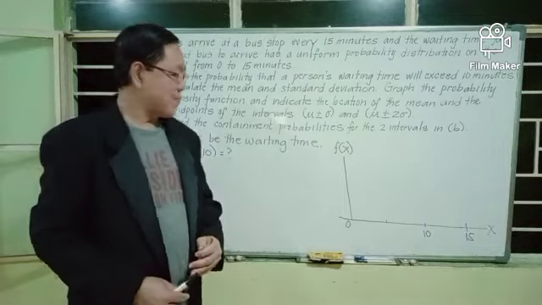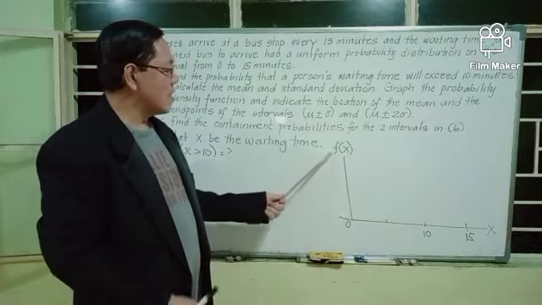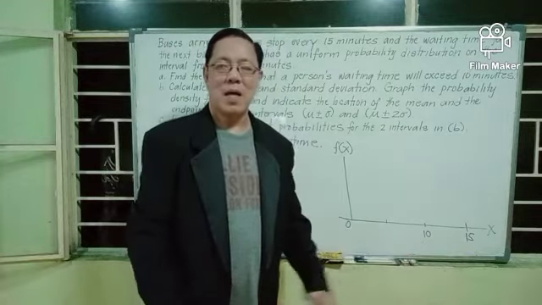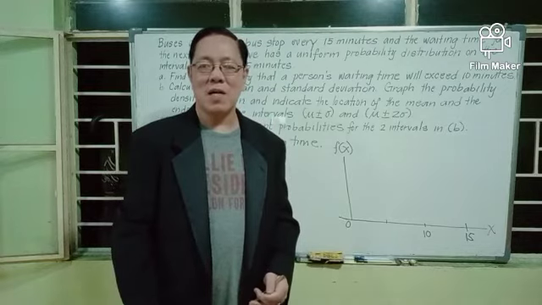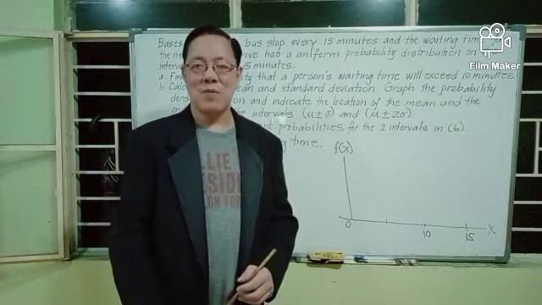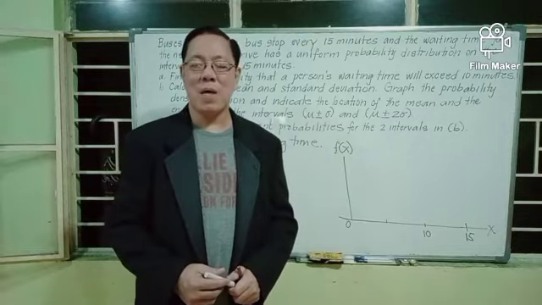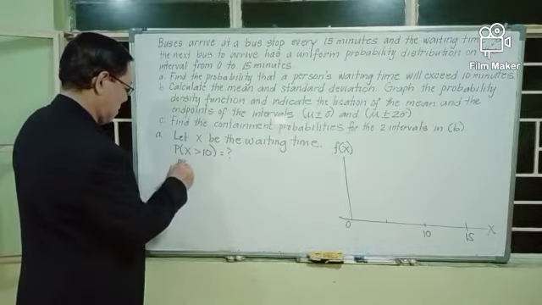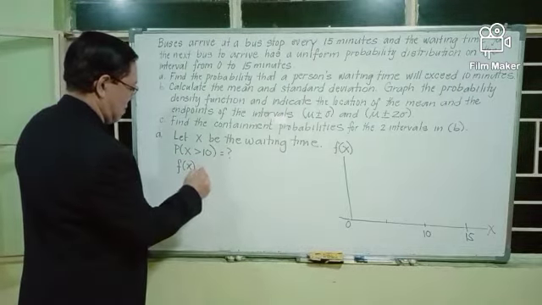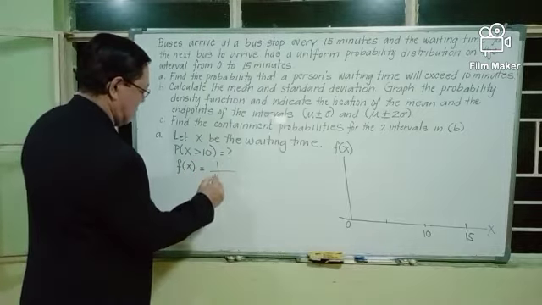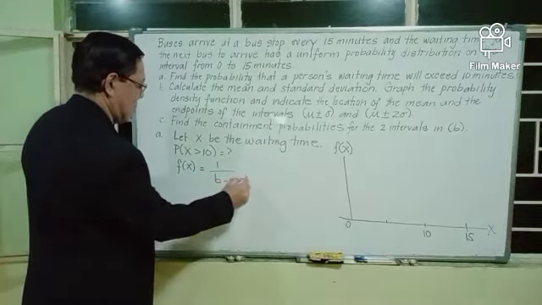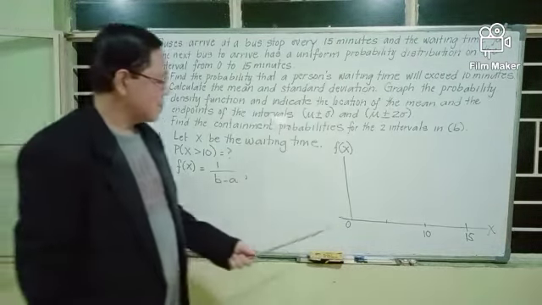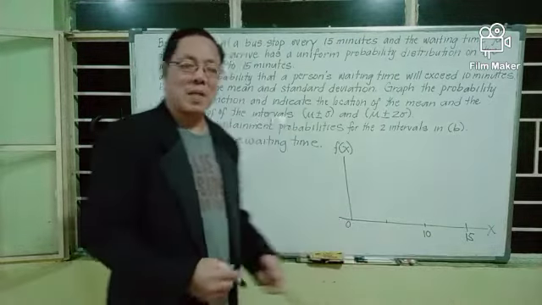Now we find the value of the density function f of x when x is 10 and when x is 15. And from our discussion earlier, the probability density function for a uniform probability distribution f of x is given by 1 over b minus a, where in this example, the values of x are between 0 and 15 minutes.